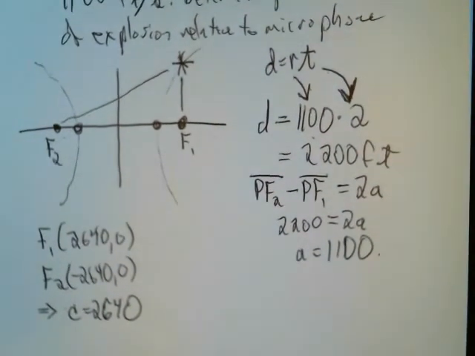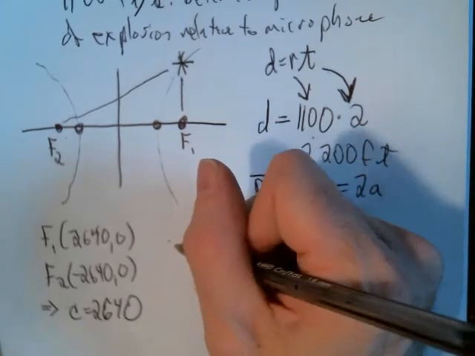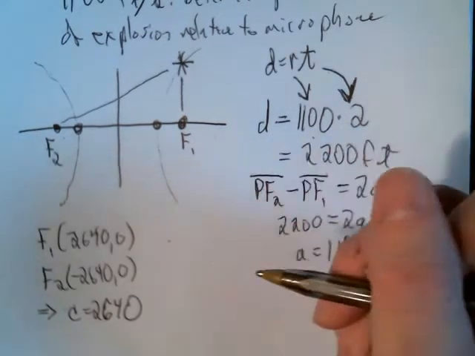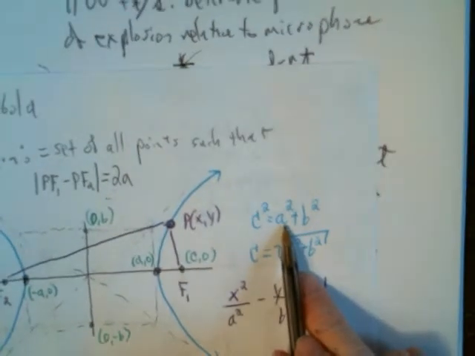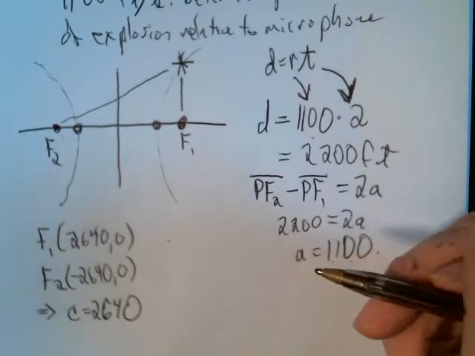Okay, so we have an a and we have a c value. We know from our formulation that a squared plus b squared is equal to c squared. So we can find the b value that we need for our equation.